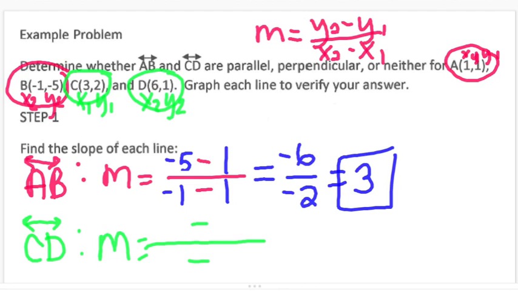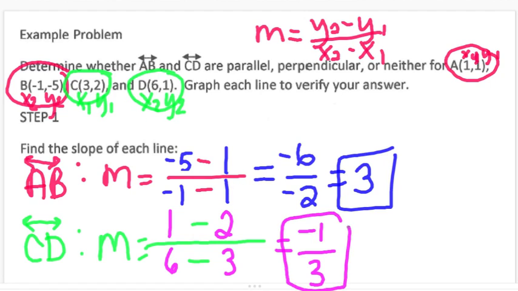So y2 is 1 minus y1, which is 2, over x2 which is 6 minus x1, which is 3. And if I simplify this, 1 minus 2 is negative 1 over 6 minus 3 is 3. Okay, so we have 3 and negative 1 over 3.